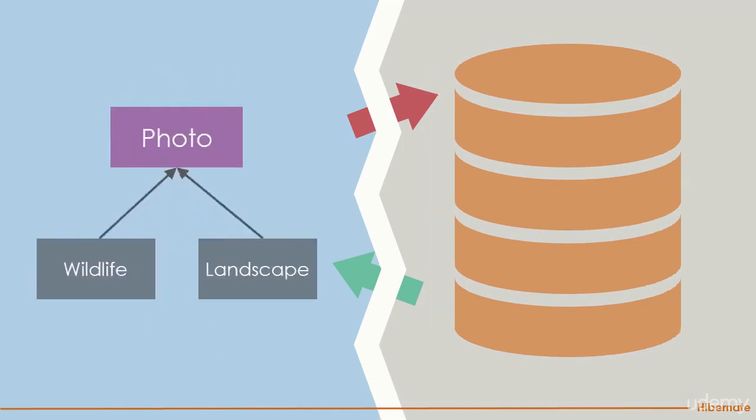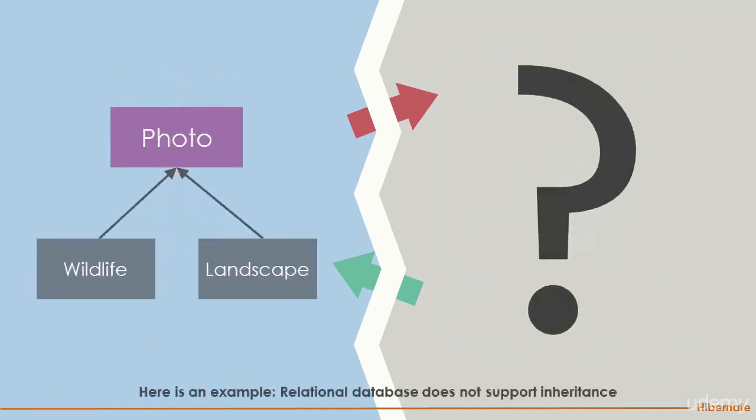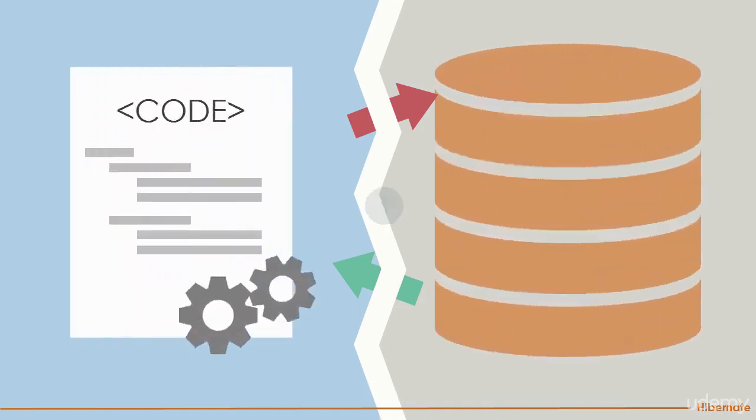Let's take an example. We have an inheritance class like this. The photo is a superclass, and the wildfire and the landscape are subclasses. How do we store this kind of structure in the relational database?